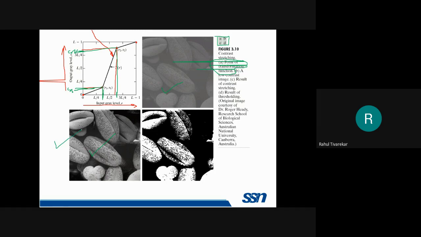If you further apply the contrast stretching with the logic that we understood, see, this is your input and output axis. If you apply contrast stretching like this, suppose this is point R1, this is point R2, S2, you will get some image. Then I will sketch one more time.